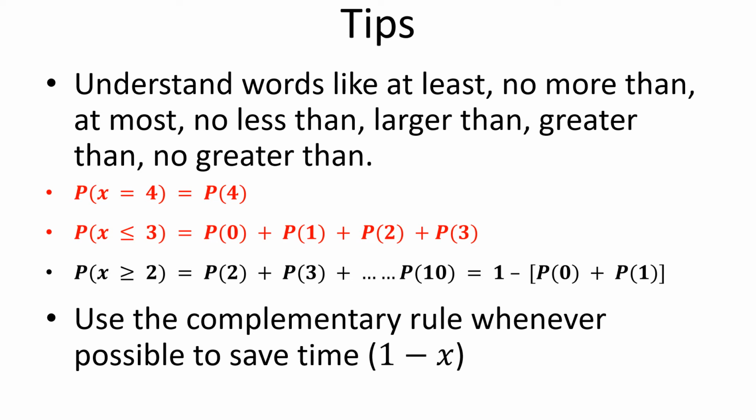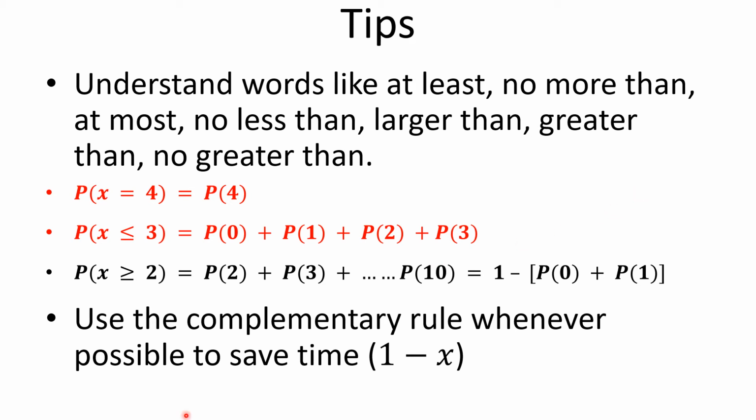The first example was looking at the probability of x being equal to 4. So you just compute the probability of 4. The second one is talking about x being less than or equal to 3, which means you need to find the probability of 0, the probability of 1, then 2, then 3, and you add them together.